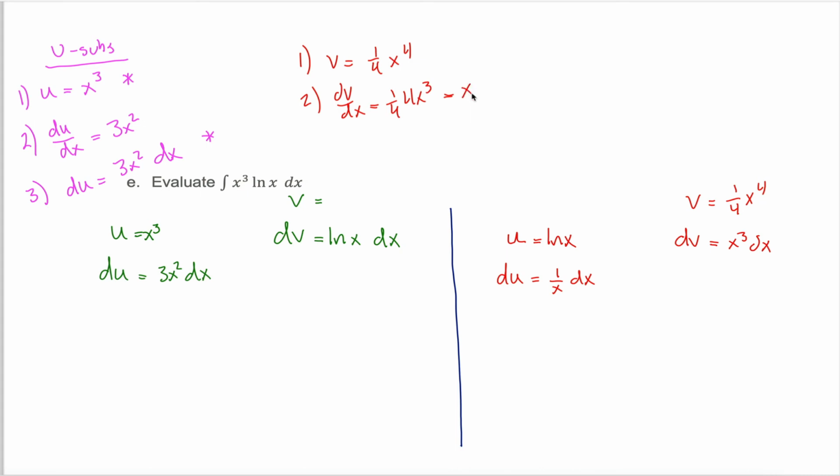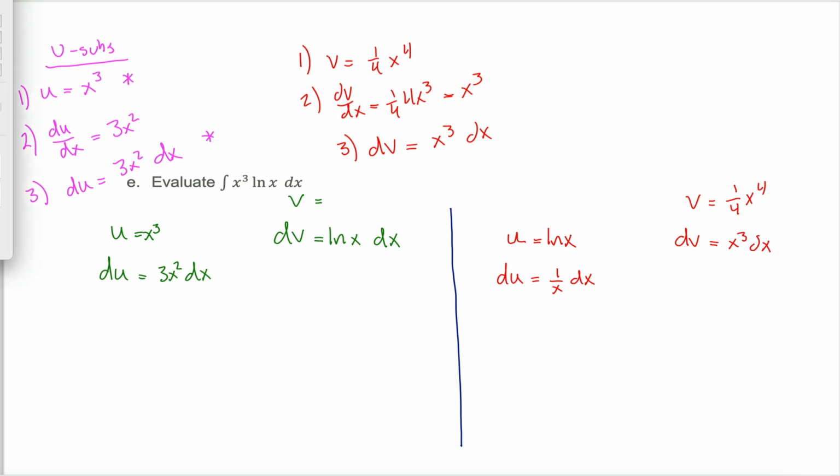In other words, x to the 3rd power. And then my third line, I'd multiply both sides by dx, and I'd get that dv is equal to x cubed dx. The point is, my third line is x cubed dx. My first line should have been v equals 1/4 x to the 4th, just like I wrote right here. I have all the pieces that I need for integration by parts over here on the red side.